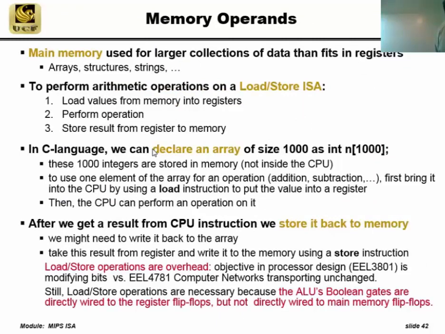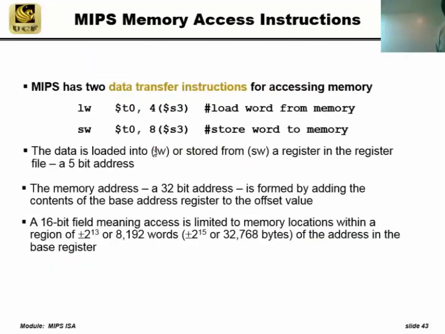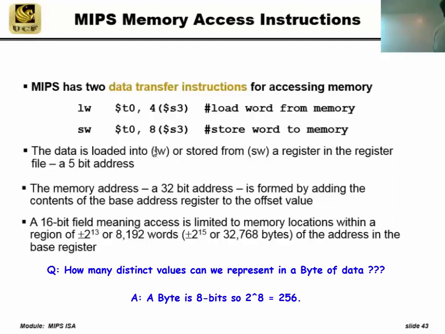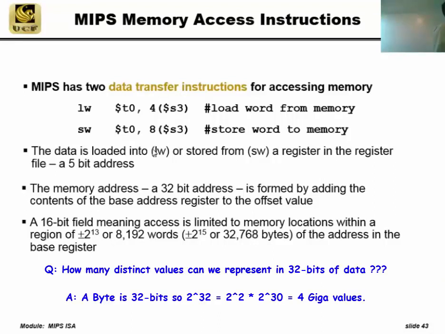If I want to access a character, as we mentioned before, a byte is about a character of text. How many distinct values can I represent in a byte? 2 to the 8th, 256. If I have a 32-bit number, how many values can I represent as a decimal value?